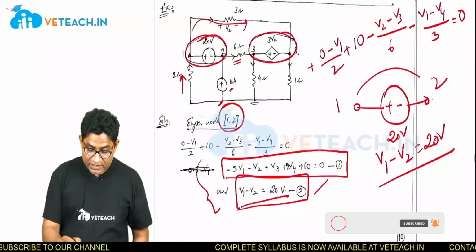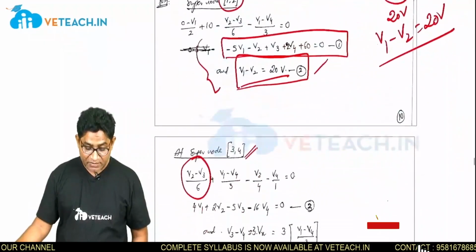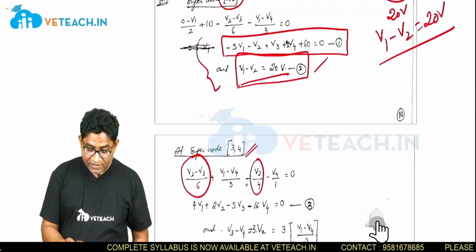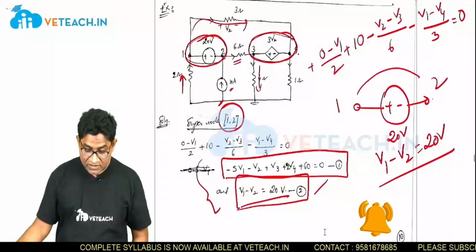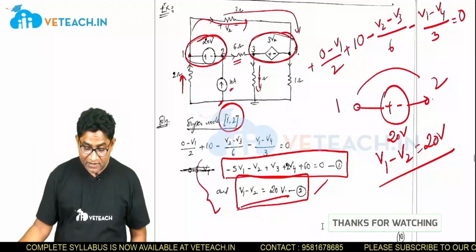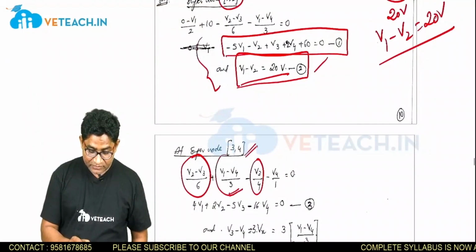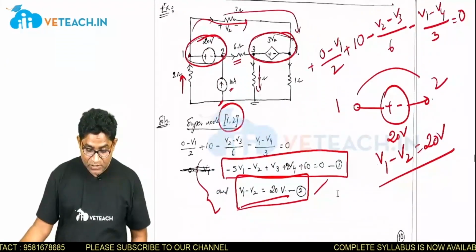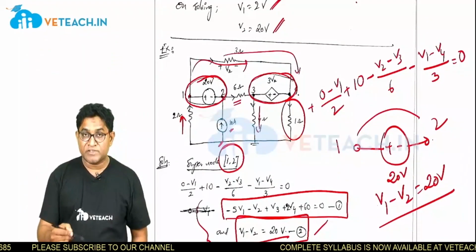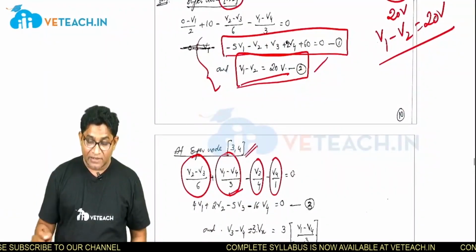Then the 4 ohm current is leaving, so minus V3 by 4. Then the 3 ohm resistor has entering current, so plus V1 minus V4 by 3. And the last one, V4 by 1, is leaving, so minus V4 by 1.